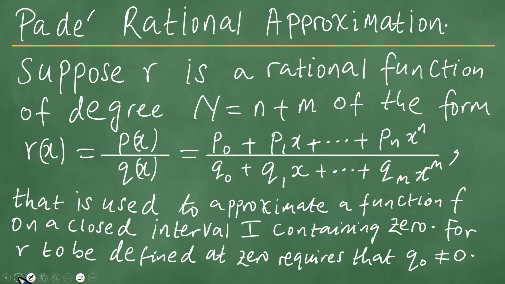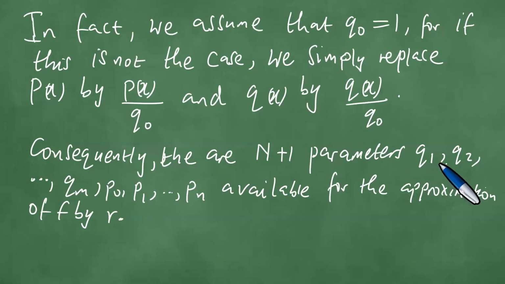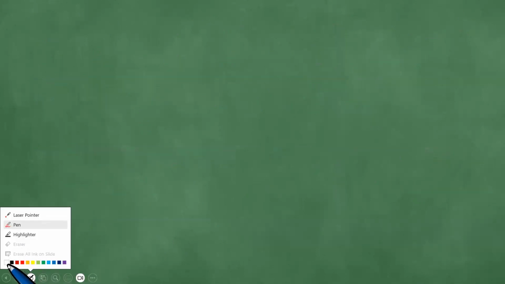So the parameters we consider start from Q1, because Q naught is taken to be 1. We use these parameters as those that are available for the approximation of f by R, and we continue with ease. Next question.